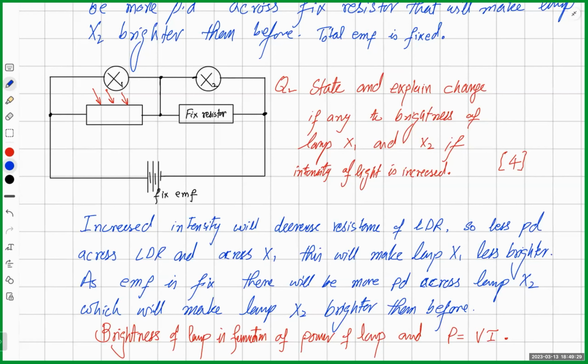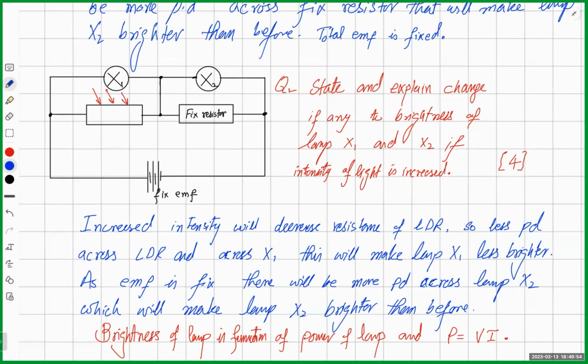With the increase in intensity, there will be a decrease in resistance. So less potential difference for the LDR and for X1, which is lamp X1. This will make lamp X1 less bright. As EMF is fixed, there will be more PD across lamp X2, which will make X2 brighter than before.